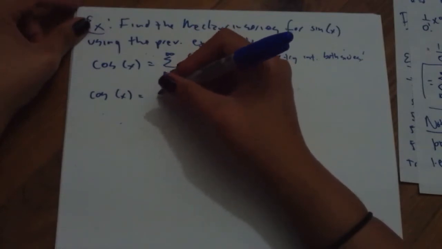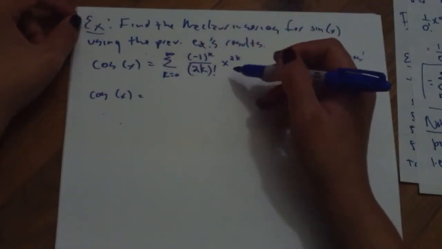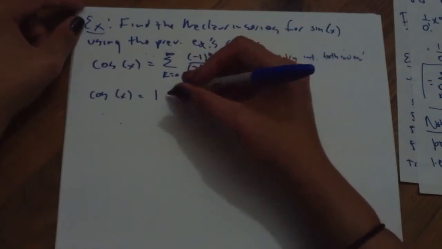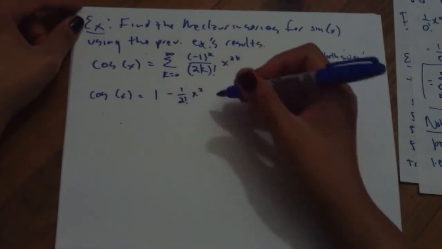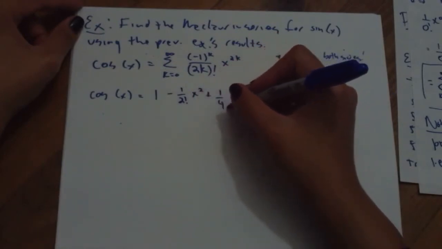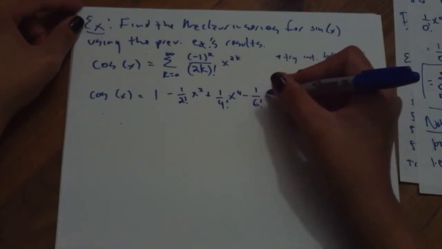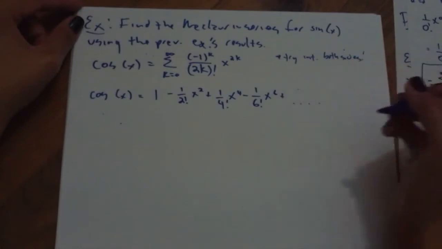Okay, so we said this is basically 1 over 0 factorial. Okay, if I plug stuff in, x to the 0, so, 1, minus 1 over 2 factorial, x to the 2, plus 1 over 4 factorial, x to the 4, minus 1 over 6 factorial, x to the 6th, plus so on and so forth.